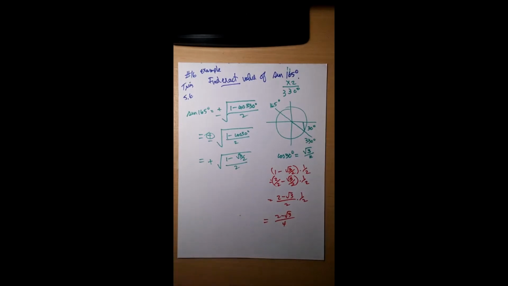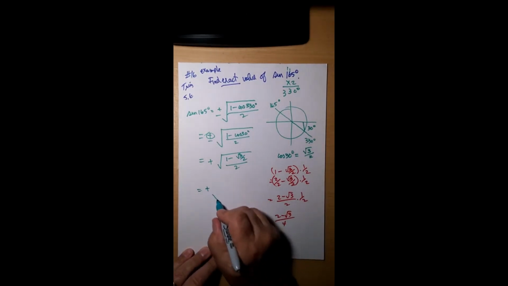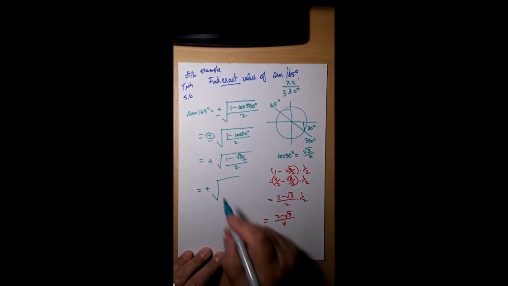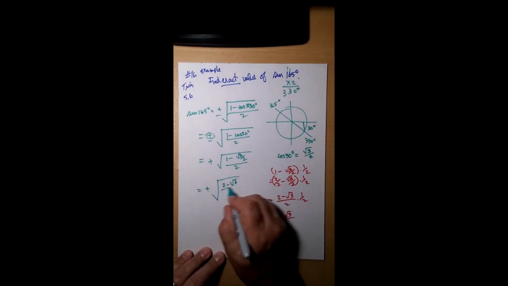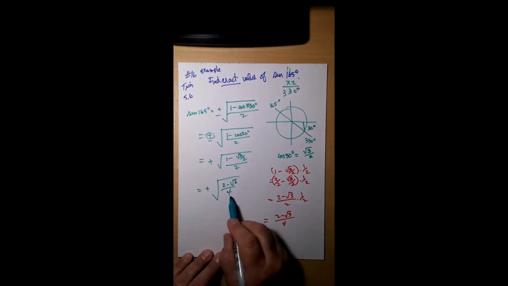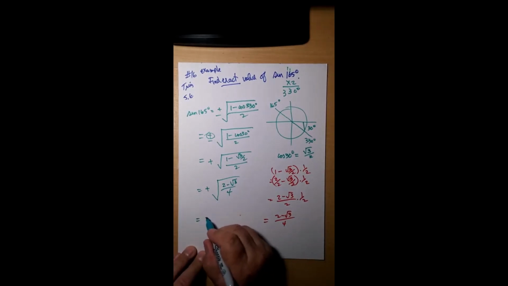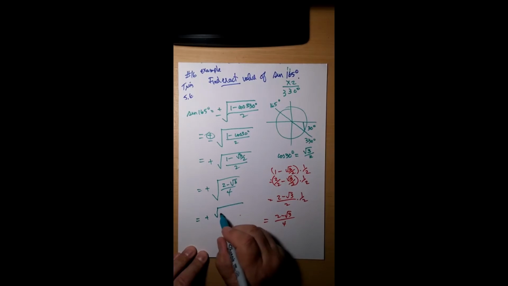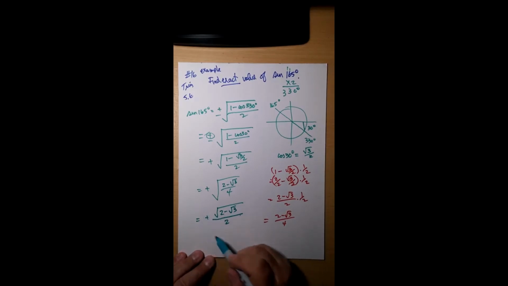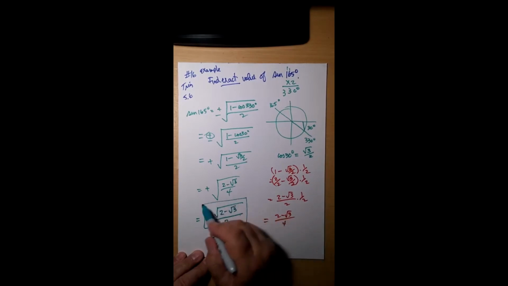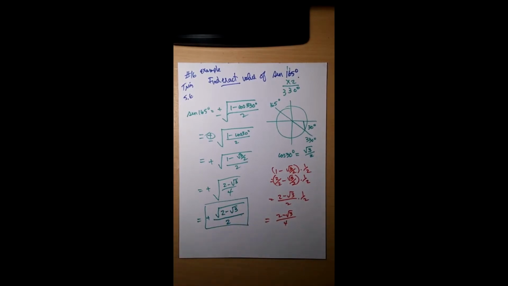So for our final answer, we get plus the square root of 2 minus the square root of 3 over 4. But the square root of 4 is 2, so it's a positive answer. The square root of 2 minus the square root of 3, now outside, over 2. And there we've gotten rid of that fraction under the denominator. And that's the exact answer.